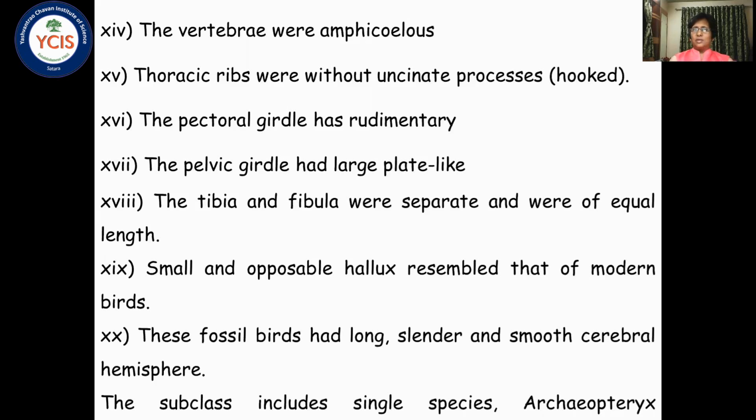Next is the pelvic girdle, which was large and plate-like, with a pre- and post-acetabular region, meaning convex surfaces of the pelvis. The tibia and fibula, the leg bones, were separate and of equal length, and each foot of the bird was made up of 4 digits, with a small opposable hallux.